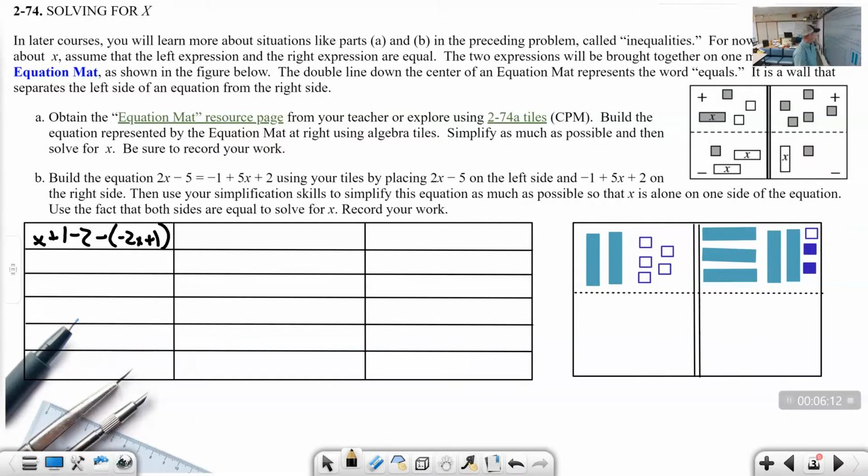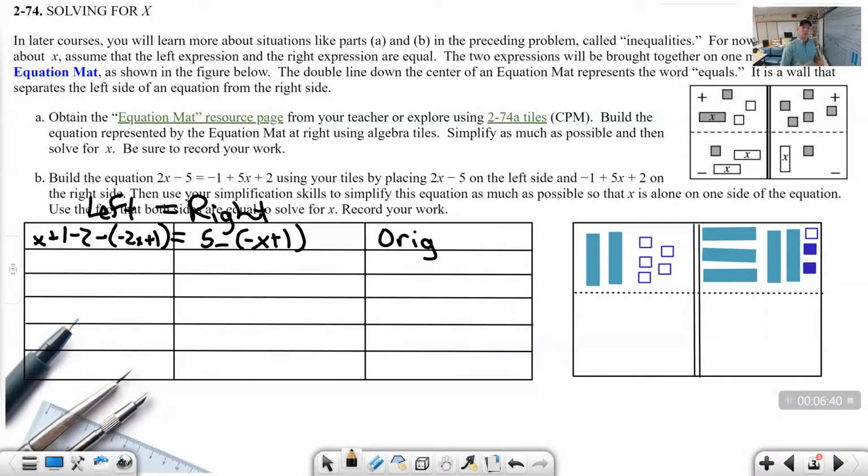That double line is saying equal. So notice that our left equals the right. We're on an equation mat now. So on my right, I have 5 minus parentheses negative 1x plus 1. And remember, we always write this is the original.